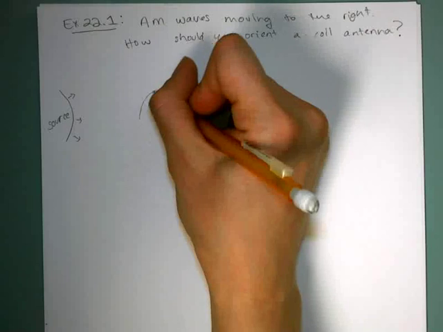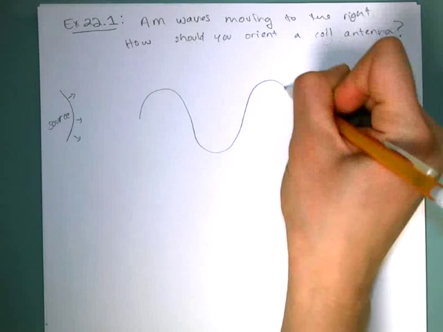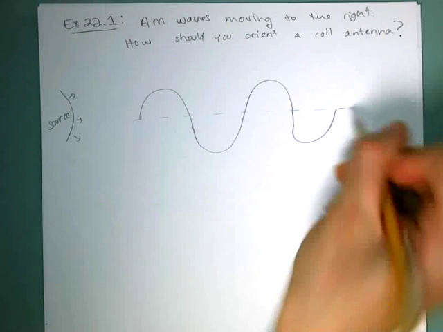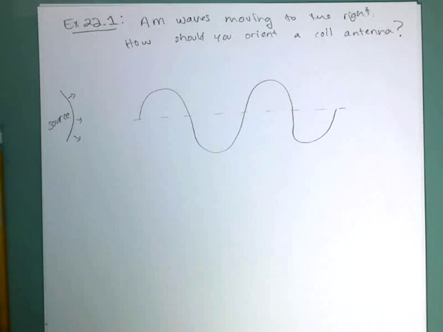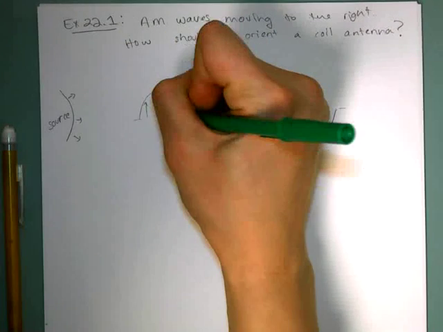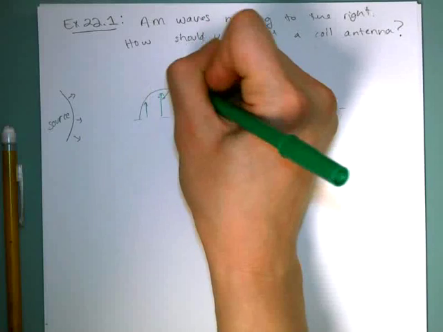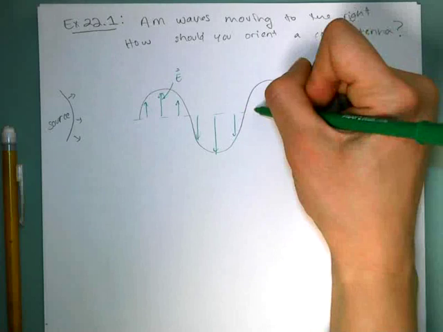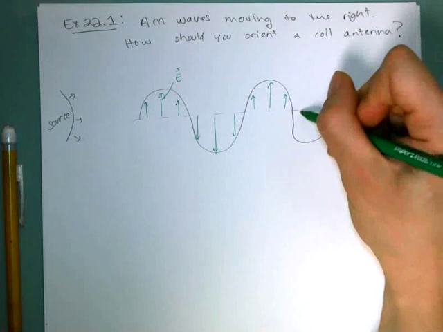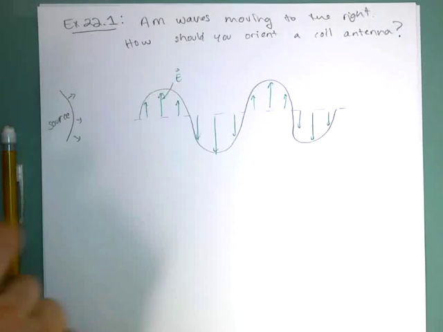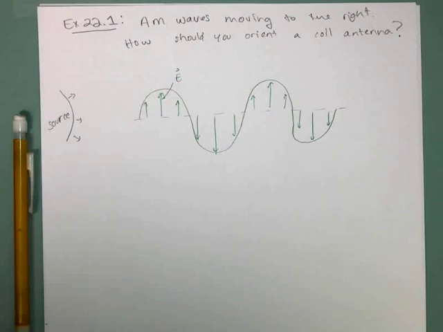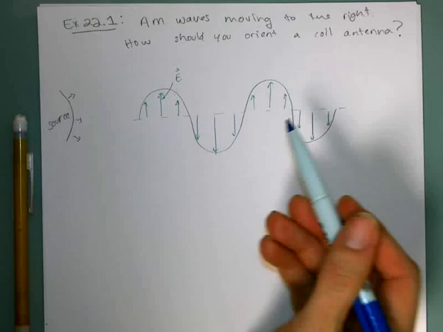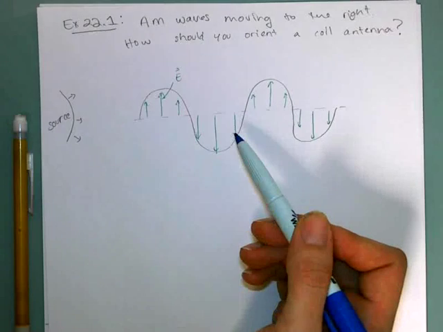Let's just say that here's my source, so it's going to send out some things. And here's what my electromagnetic wave is going to look like. It'll have electric field and magnetic field, so I will draw the electric fields as being like that. This green will go for electric fields, oscillating up and down. We'll also have some magnetic fields that are going to be coming into and out of the page.